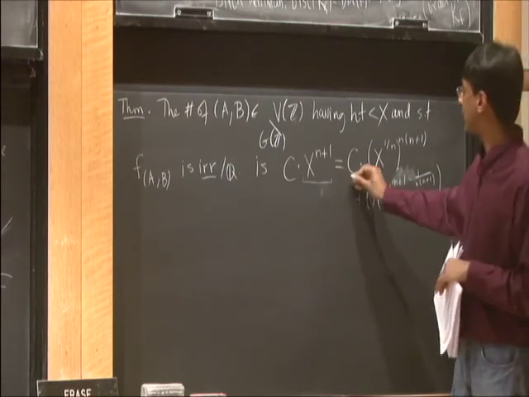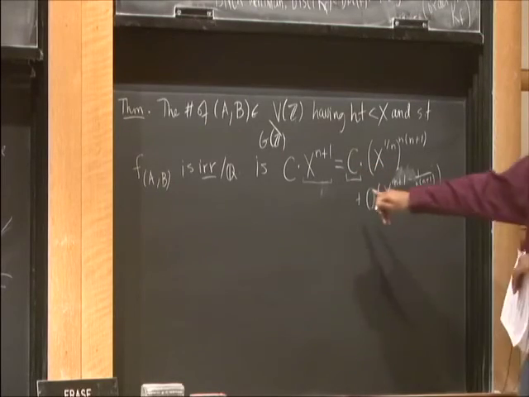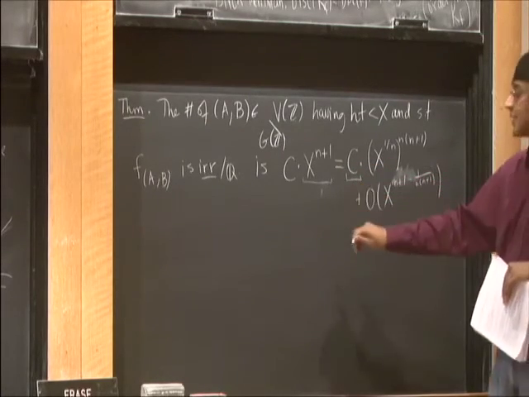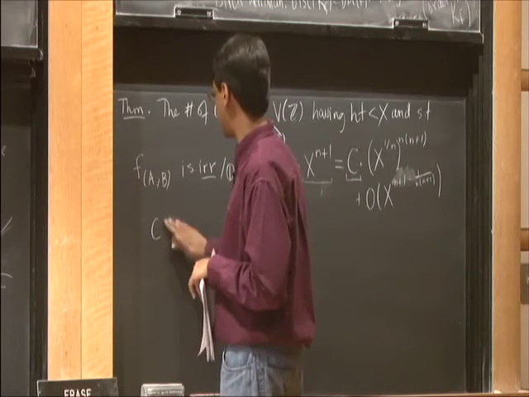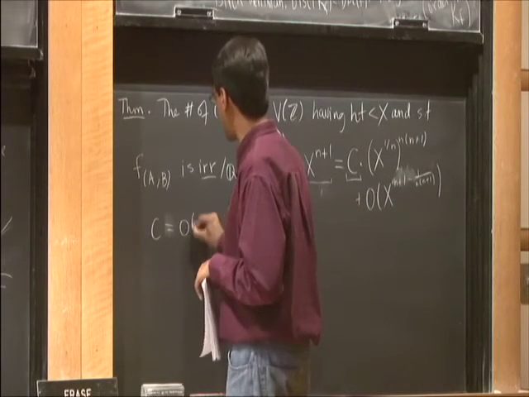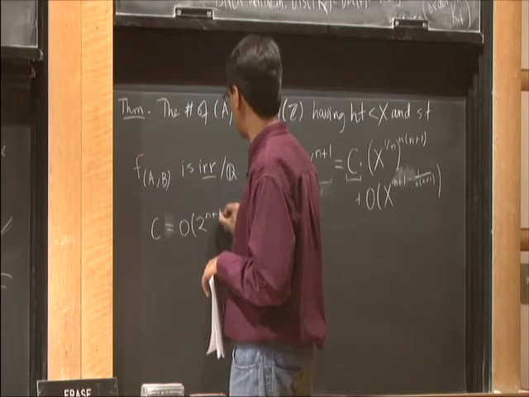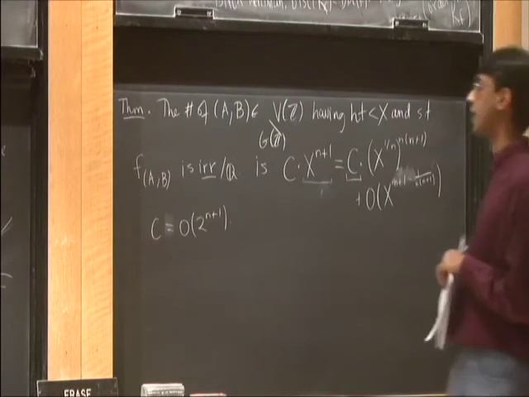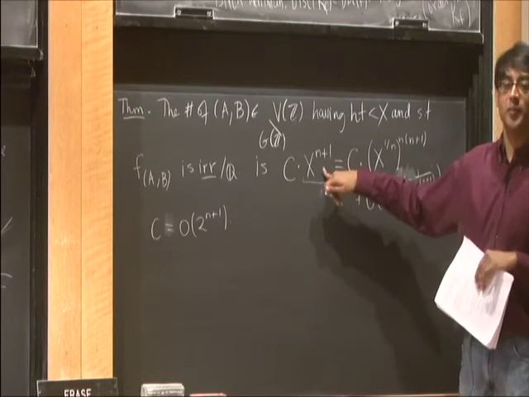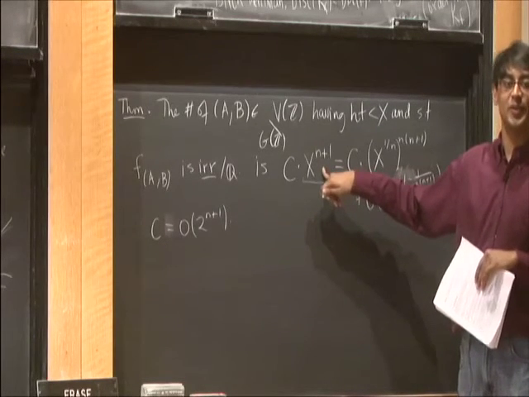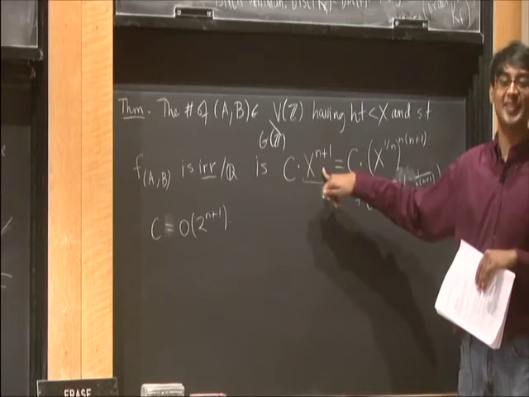Right. So I'm not done yet, because this doesn't give the theorem yet. This C turns out to be about 2 to the n plus 1 in size, where the implied constant is independent of G. And how many binary forms do you have of height at most x? It's also 2 to the n plus 1 times x to the n plus 1.